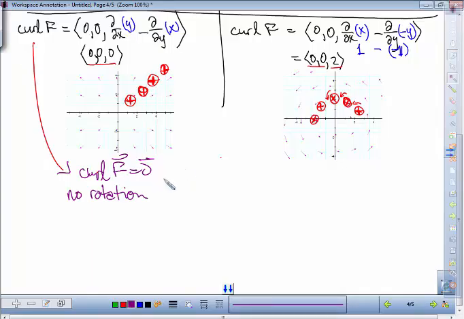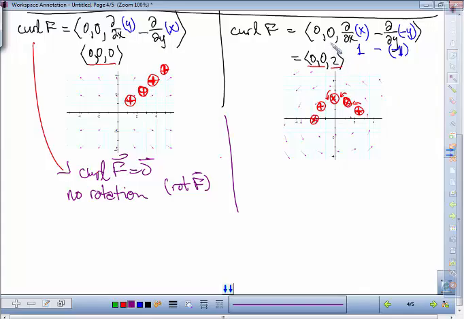I was told that in the old days the curl is also known as the rot, for rotation. Rot F describes a rotation. And positive, negative is kind of depending on your point of view.